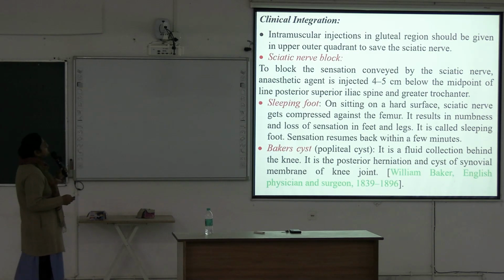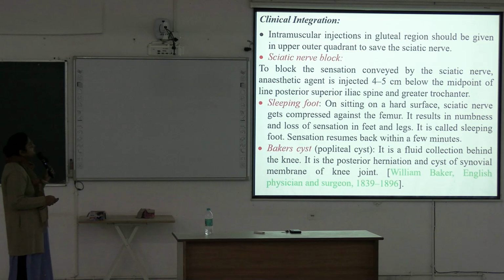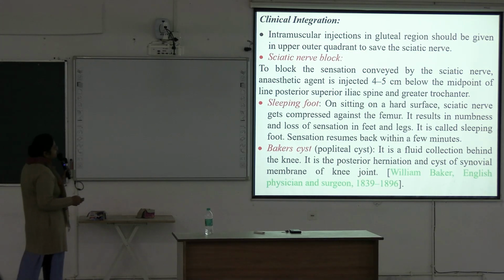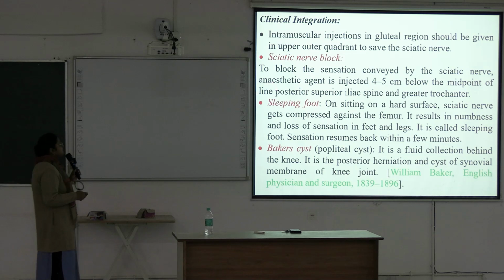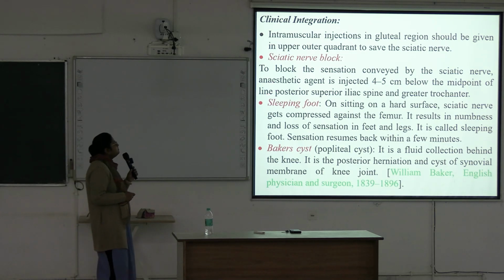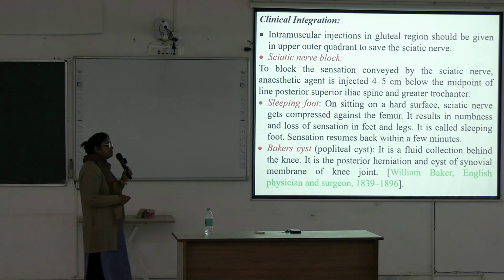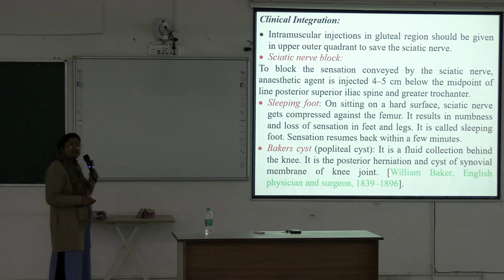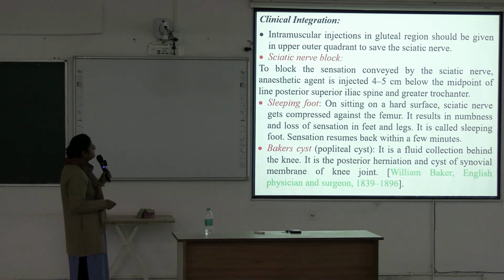Intramuscular injection in gluteal region should be given in the upper outer quadrant. To block the sensation conveyed by the sciatic nerve, anesthetic agent is injected 4 to 5 cm below the midpoint of the line between posterior superior iliac spine and greater trochanter. What is sleeping foot?